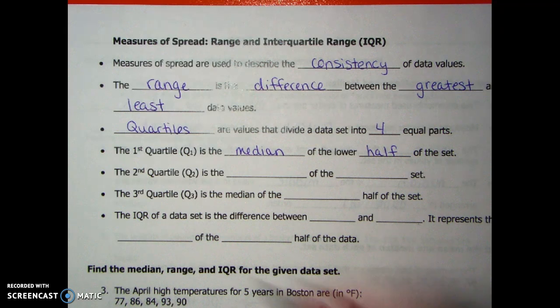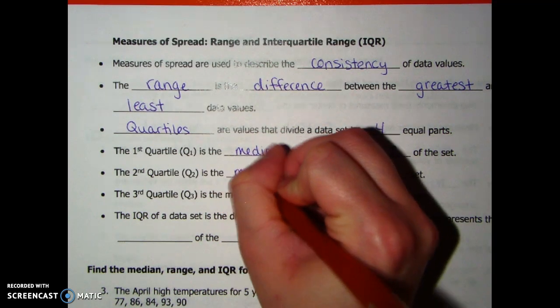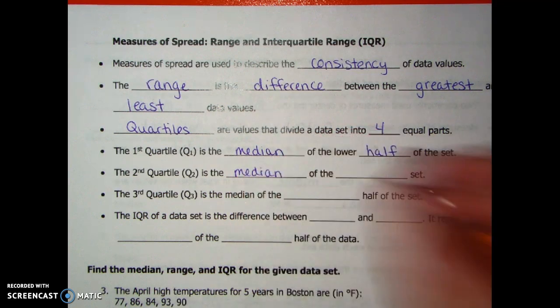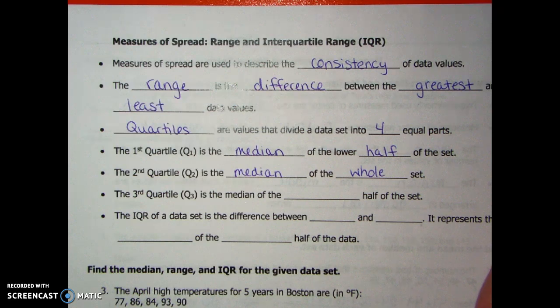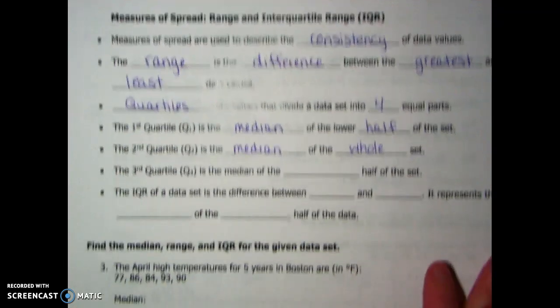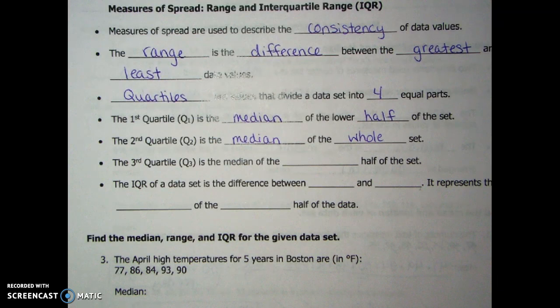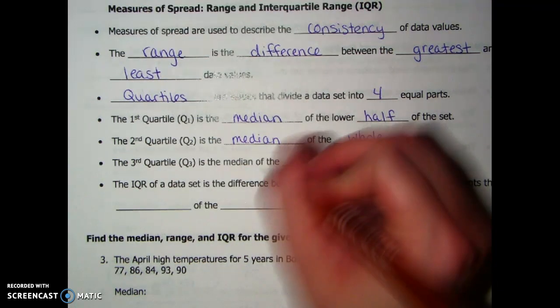The second quartile is the median of the whole set. So that's just the normal median that we were finding on the other side of this page. The third quartile is the median of the upper half of the set.